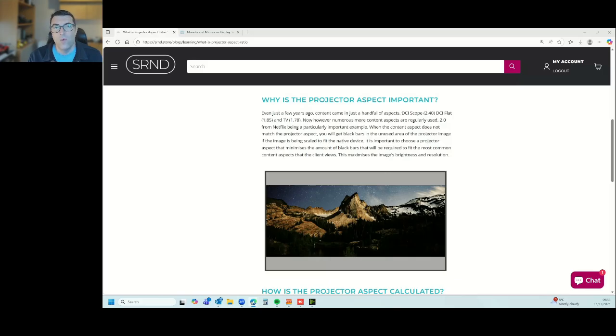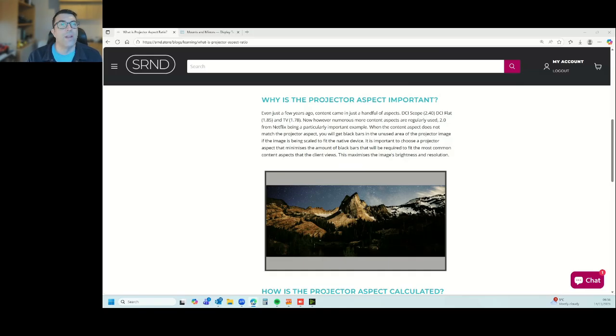We live in a world now where content comes in an unbelievable range of aspect ratios. It's not just 16:9 anymore. You know, you have 2.02 on Netflix, you have DCI content at 2.39 and 1.86. You have people moving aspect ratios and all of that type of stuff.